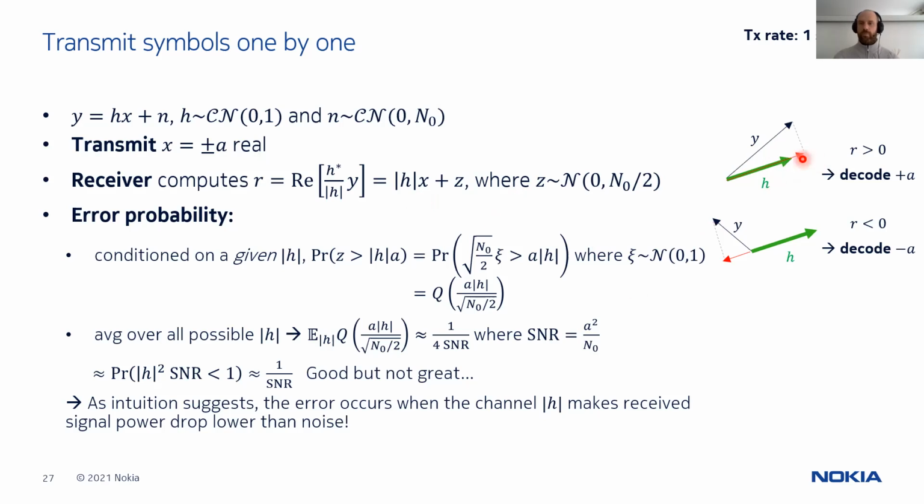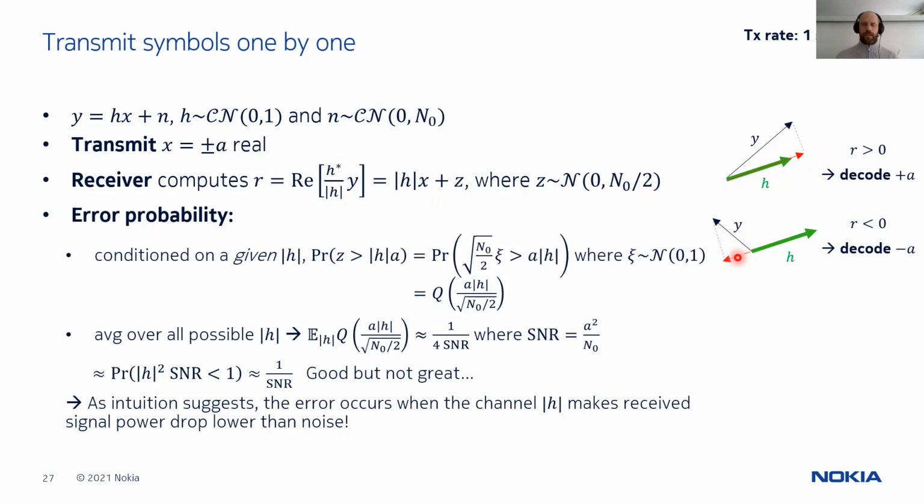So you project onto h, well, actually the normalized version of h such that the norm is equal to 1, and then you take the real part. If it's positive, then you guess it was A. Otherwise, you guess it was minus A.